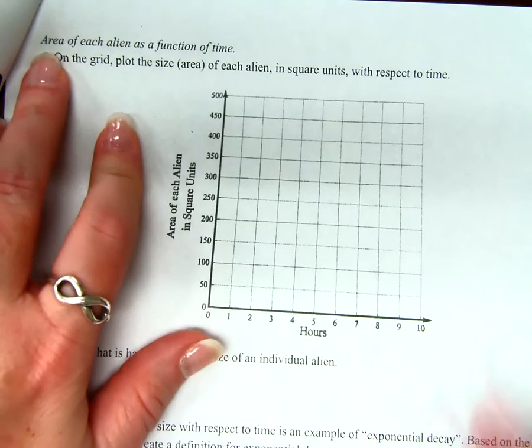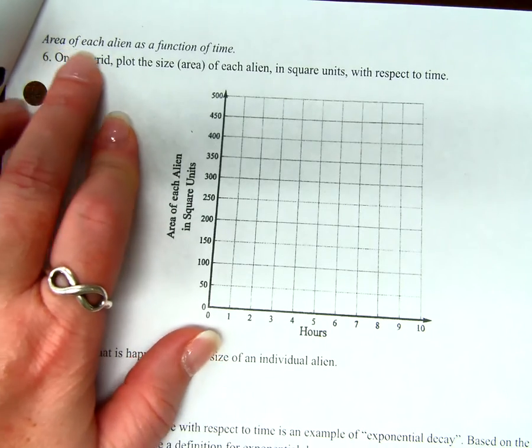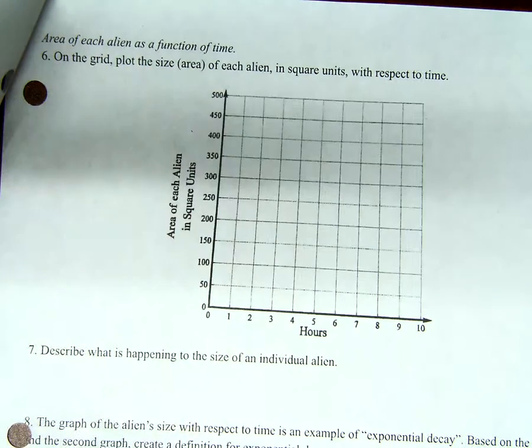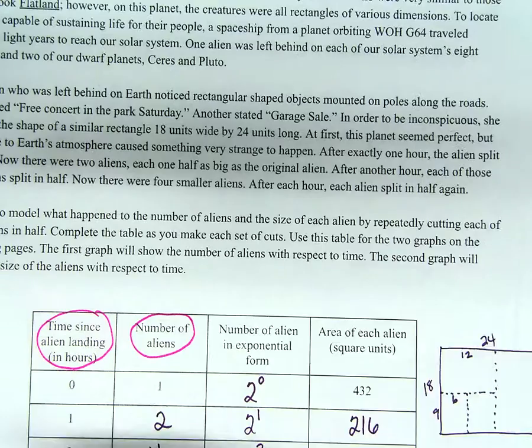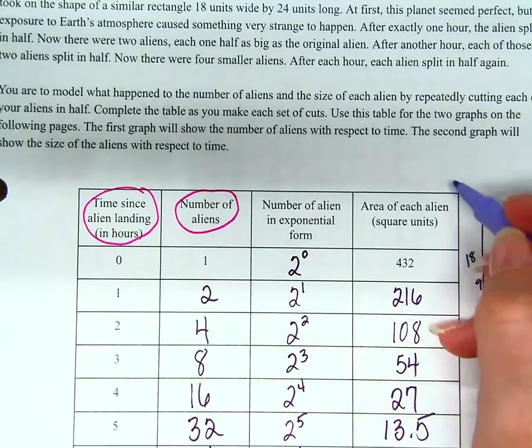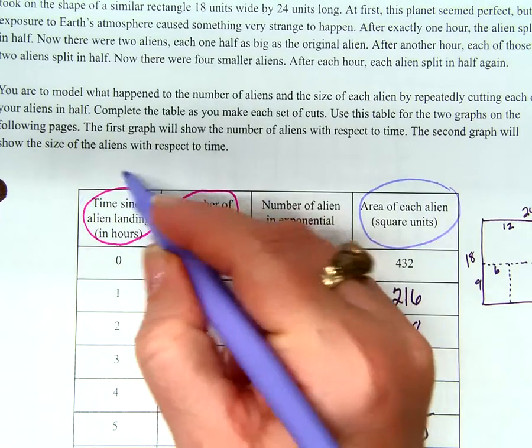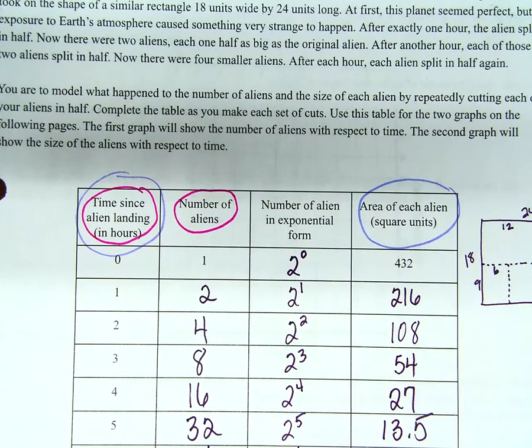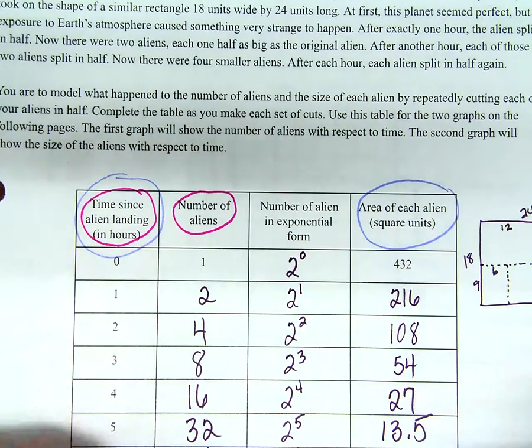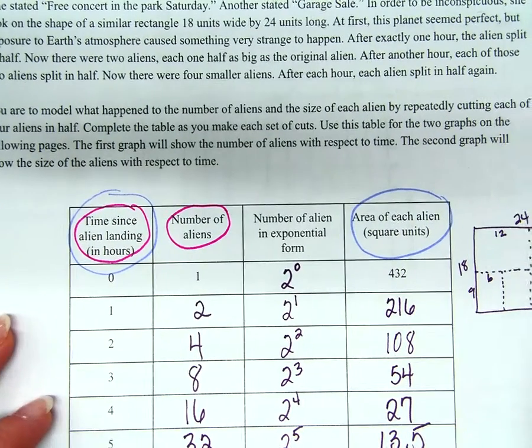Okay. Look at the top of this second work page right here. It's the third page on the worksheet. It says the area of each alien as a function of time. So for that second page, we're only looking really at those 2, aren't we? Okay. Any questions about that?